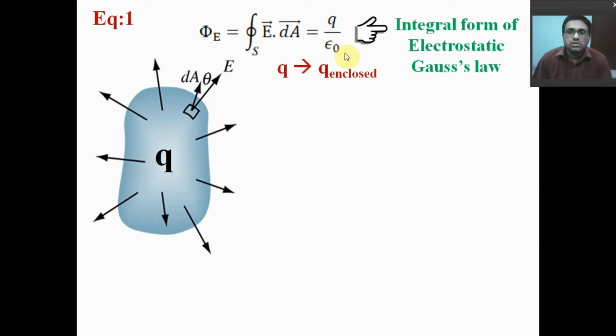This is called the integral form of the electrostatic Gauss's law. If I increase the value of the charge, then the flux will increase, right? That is the point of the electrostatic Gauss's law.